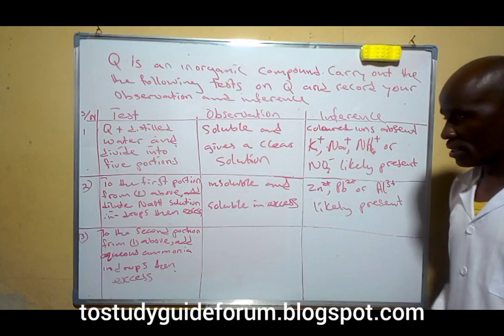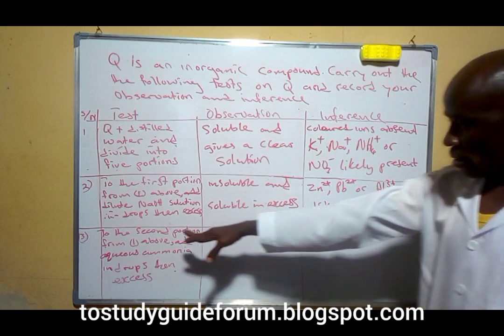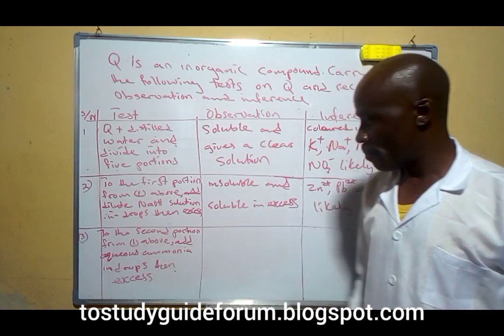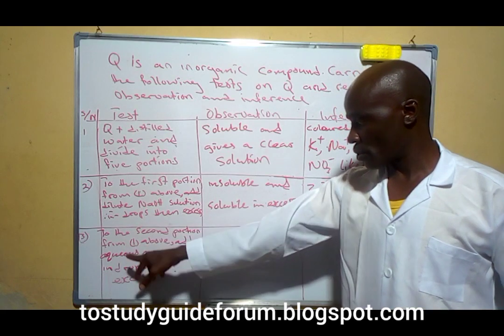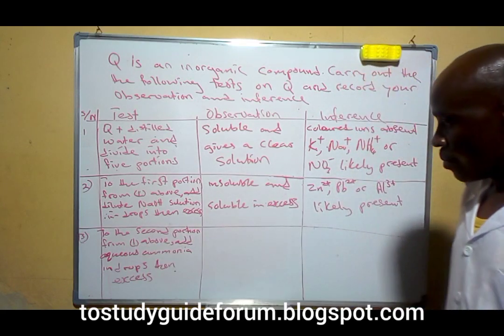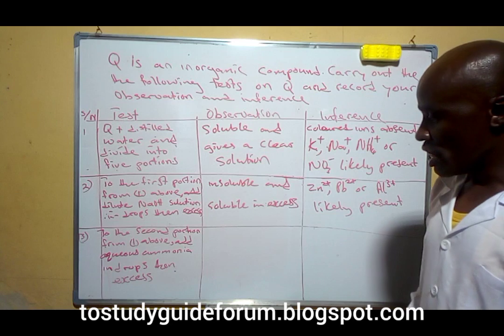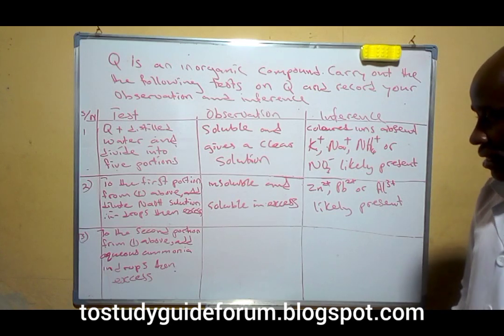Since we are suspecting these, for the second portion we add aqueous ammonia in drops and then in excess.